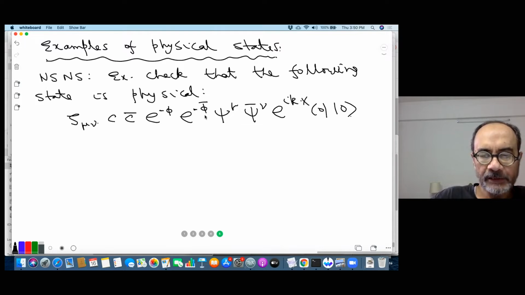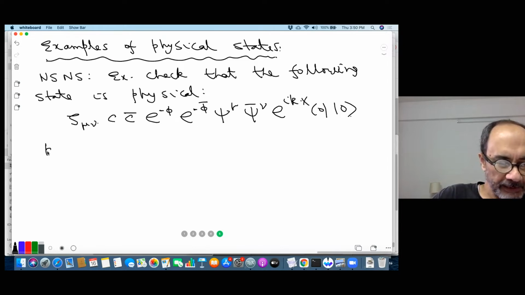Okay. You have to make sure that it satisfies the L0 minus and B0 minus equal to 0 conditions, which again you can check. And then you have to check that QB annihilates this. And that actually puts some additional constraint on xi, zeta and k.